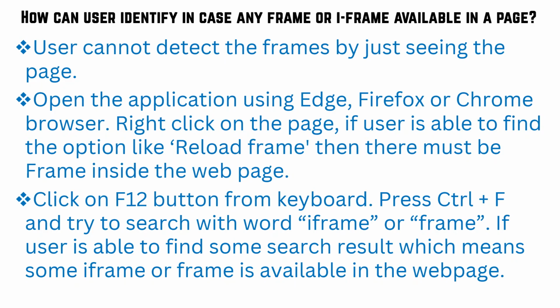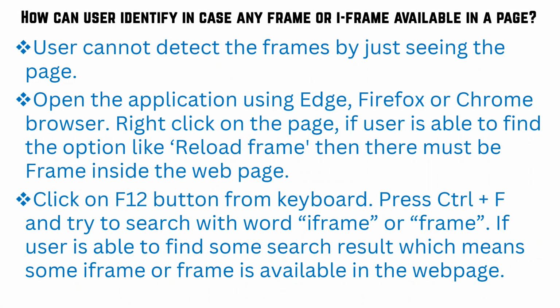After that, in case a frame or iframe is available in a particular section, if you right click, there might be an option called reload frame. Then you can understand that a frame or iframe is available in that particular section. But that approach does not guarantee that you can easily identify the frames throughout the page, because you need to mouse over the whole page.